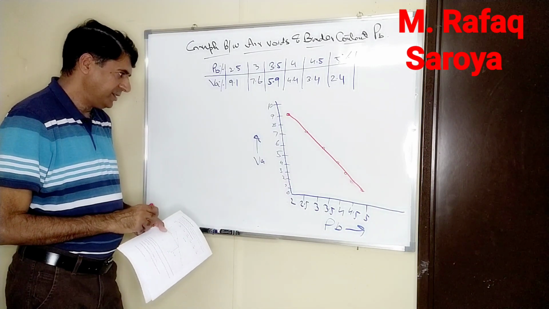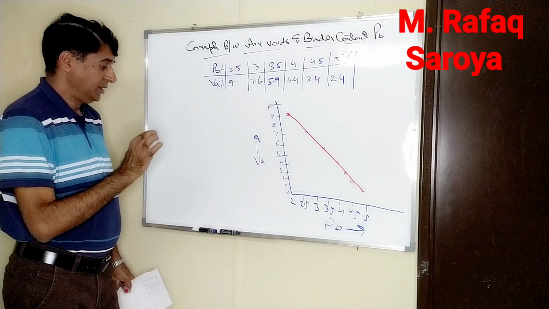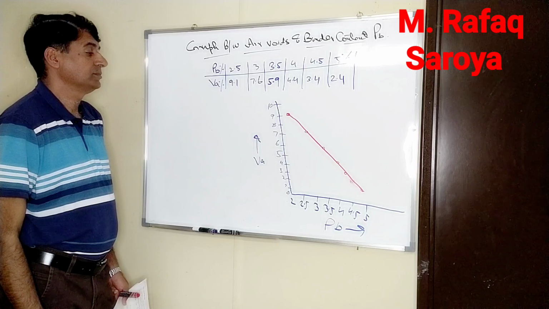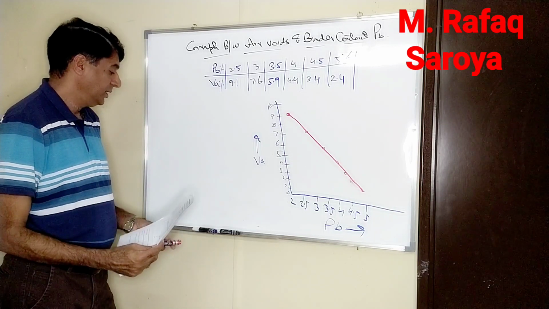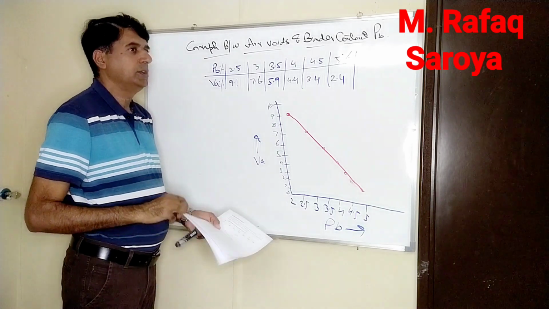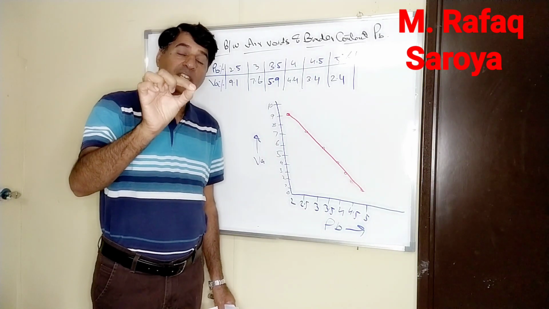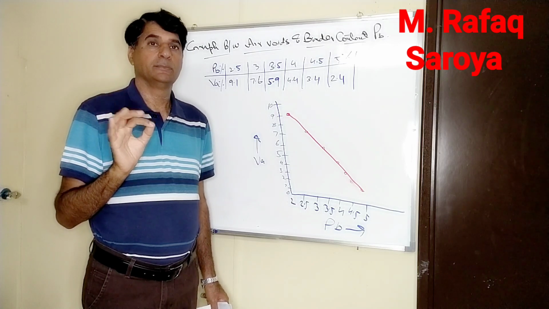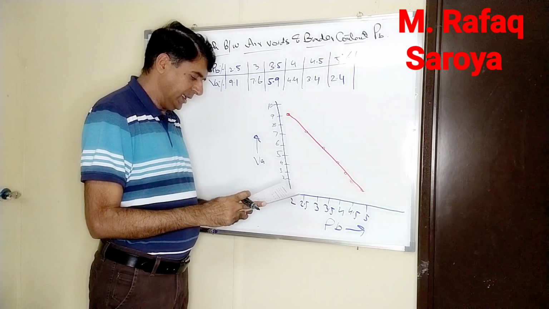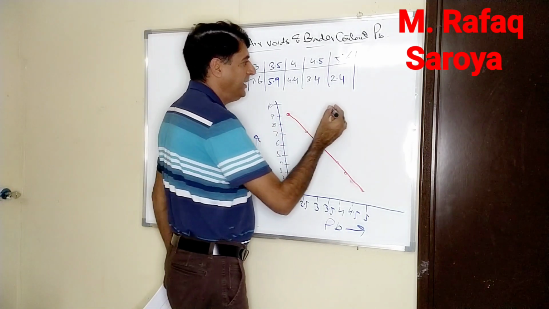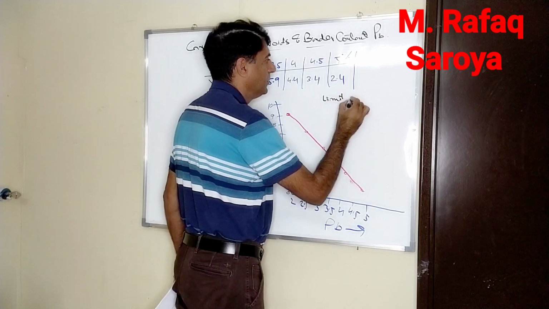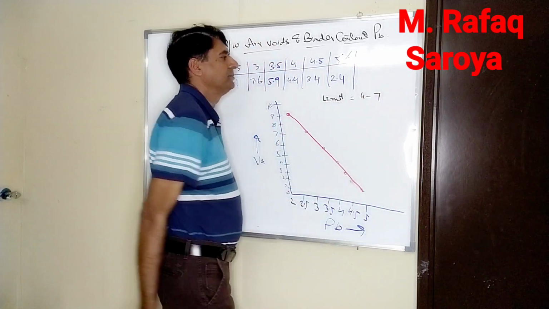Now the question arises, how will I select the binder content from here? The answer is very simple. Because as per MS2, we have to select the median of the air void. Median of the air void means that as per the technical data sheet requirement, the limit is 4 to 7.